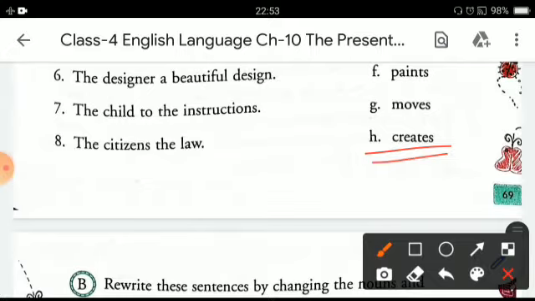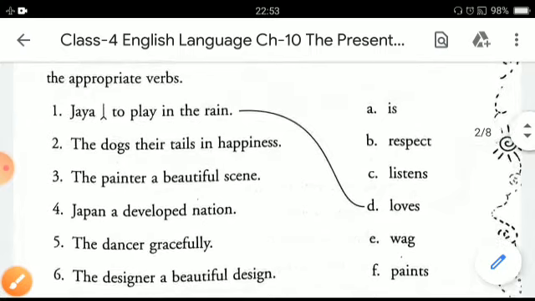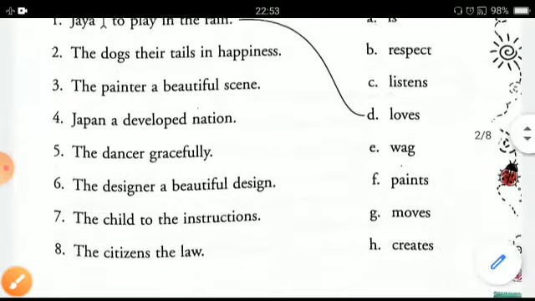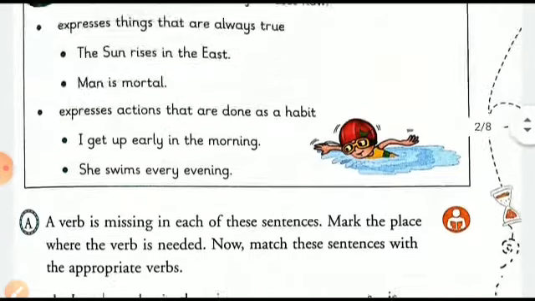The child dash to the instruction. The verb that is missing is listens: the child listens to the instruction. And the last one is the citizen dash the law, and the missing verb is respect: the citizen respects the law.